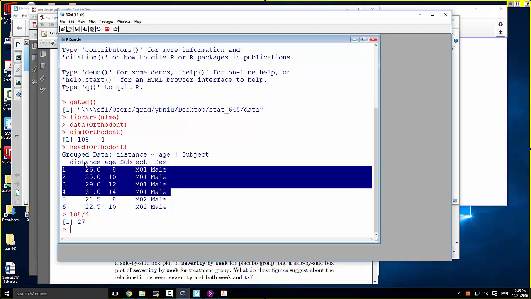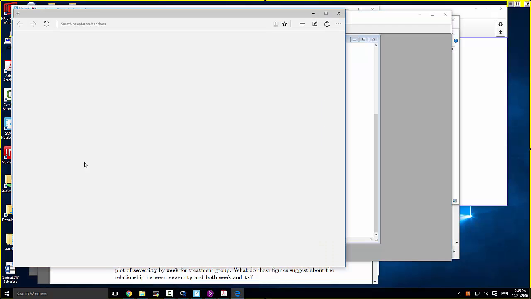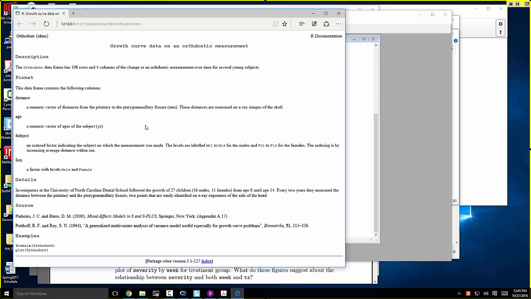Let's look at the help file. Question mark Orthodont. For built-in data sets that come with a package, they will tend to have help files that give you documentation and what the variables mean. So the response, these are orthodontic measurements over time for several young subjects.